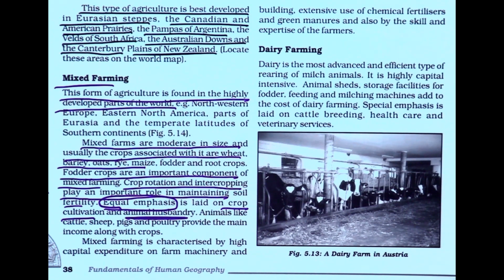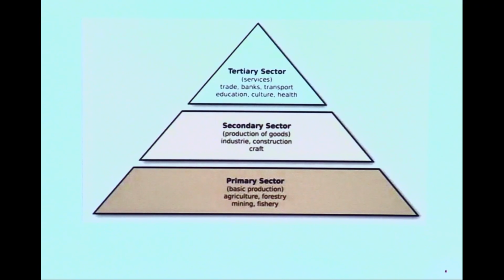If there is any confusion that has got generated, let us quickly revise before we proceed further. Activity that we are learning right now is primary sector. It includes agriculture, forestry, mining and fishery, where we are not talking about mining right now.